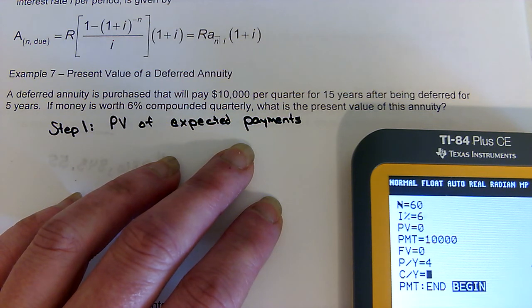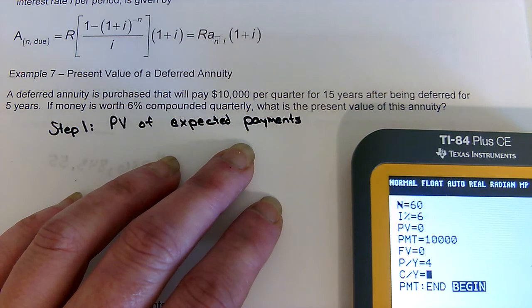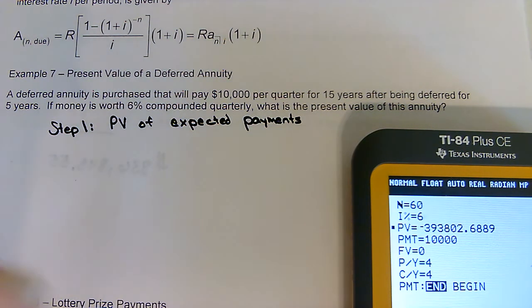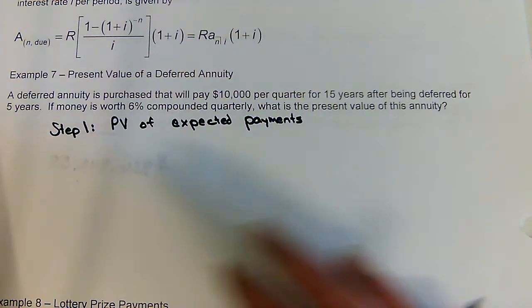And this one didn't say if it was going to be at the end or at the beginning of the period. So if it doesn't say it, then we're going to assume it's going to be at the end. So we want to know the present value of that account.